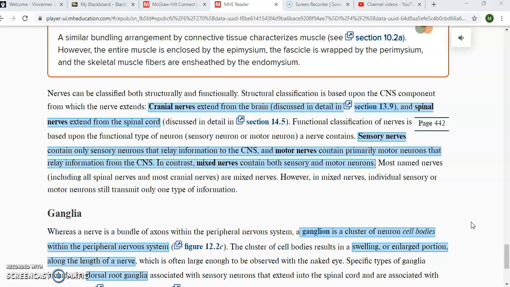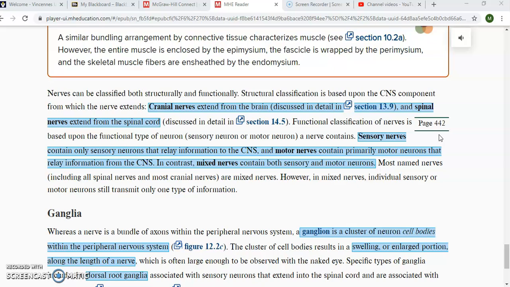There are 12 pairs of cranial nerves. And then we also have the spinal nerves, the nerves that originate from the spinal cord, and there are 31 pairs of those. Again, we'll talk in more detail when we get to chapter 14, which talks about the spinal cord and the spinal nerves. All right, so that's one way we can classify them, based on whether they're associated with the brain or with the spinal cord.